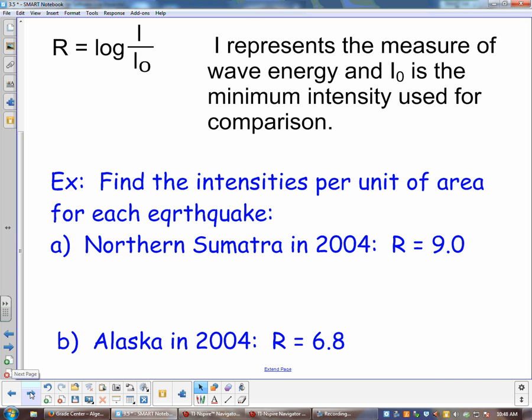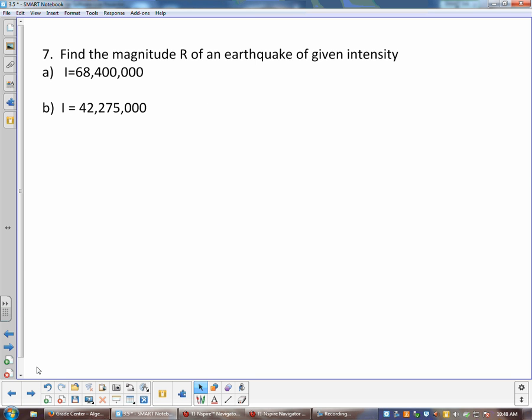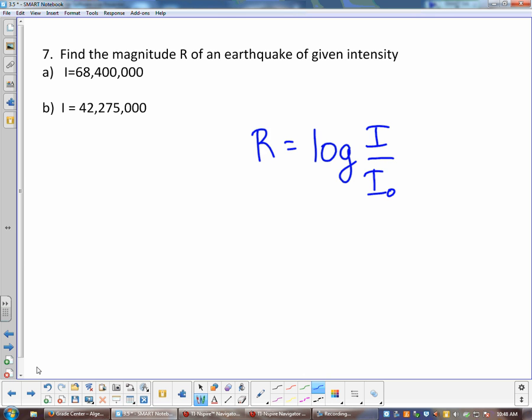Okay, so we're going to be plugging in what? R equals log of I over I sub 0, right? Yeah, and they just use 1 for that. Yeah, I sub 0 is equal to 1. So we're going to use R for the Richter scale, log of 68,400,000 over 1.